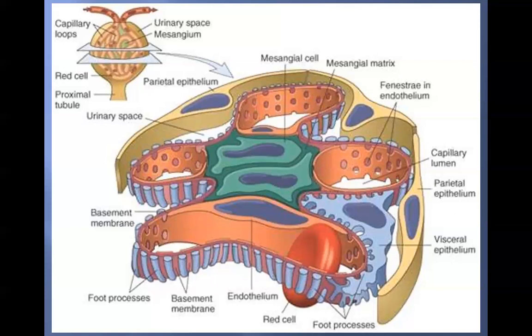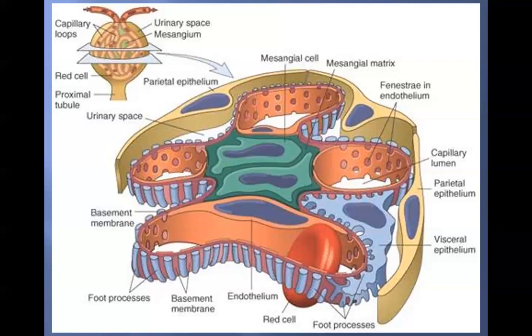They have tried to show you one glomerulus, but basically in one glomerulus you have multiple such groups. It's just an example because they have bounded this with the parietal epithelium, looking like one glomerulus, but usually you have multiple such bonds.